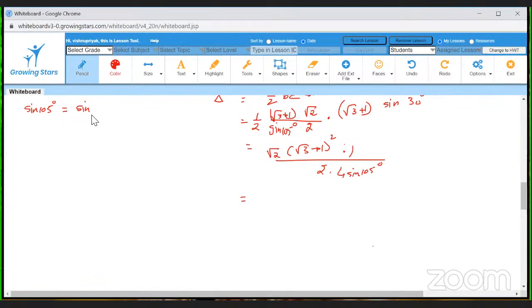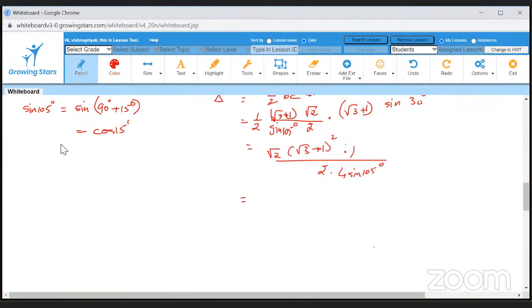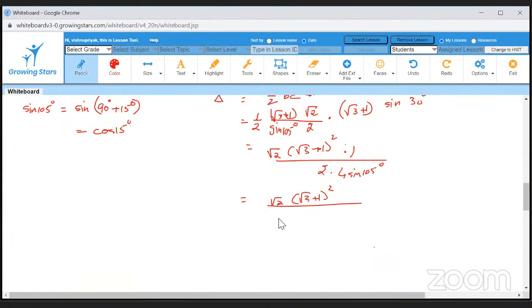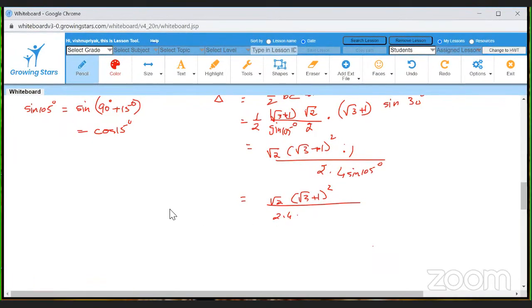Value of sine 105 degrees. 90 plus 15 degrees. Or it is cos 15 degrees. So root 2 into root 3 plus 1 whole square by 2 into 4 into sine 105 degrees, which is root 3 plus 1 by 2 root 2.